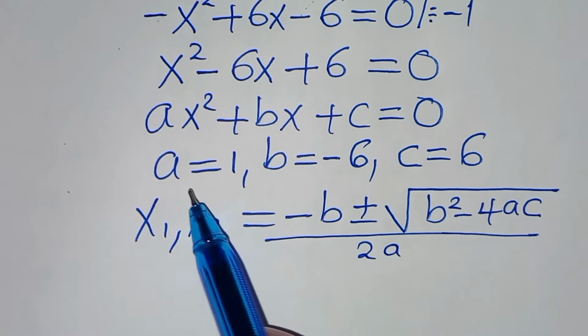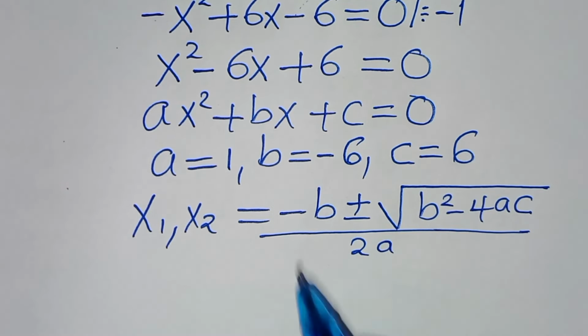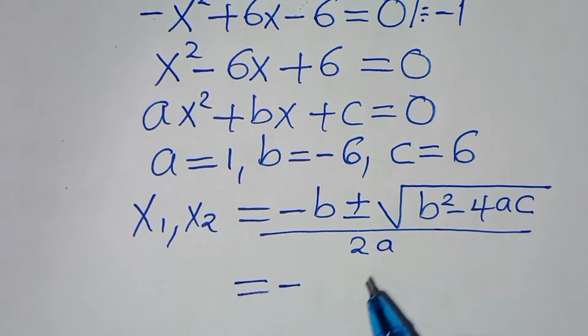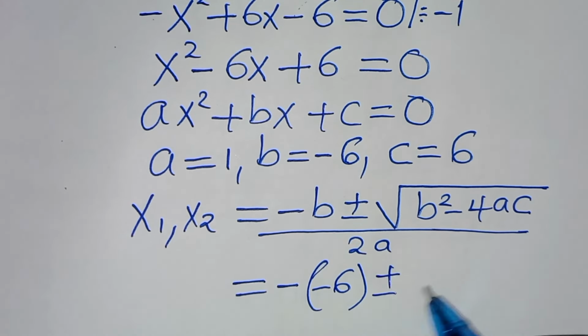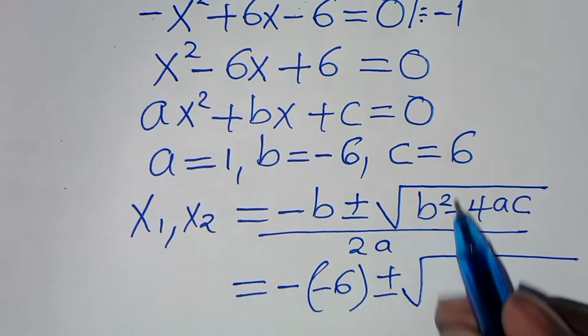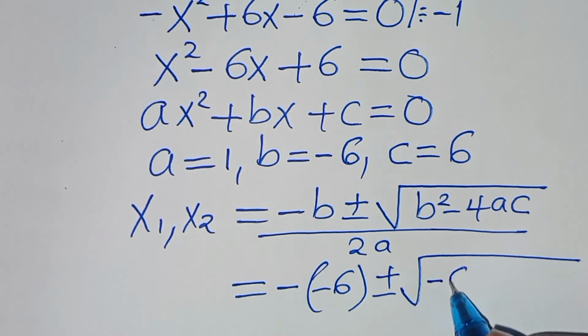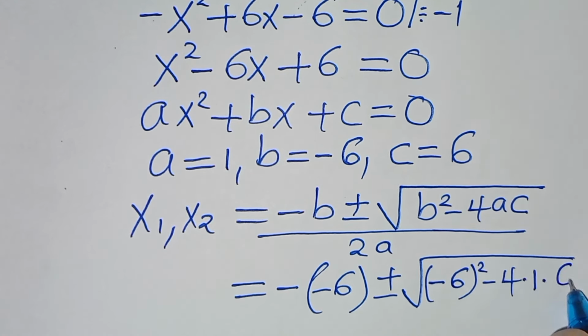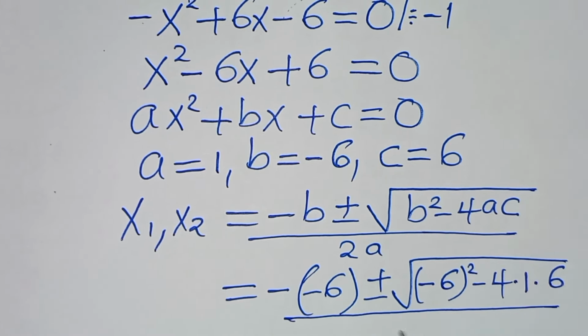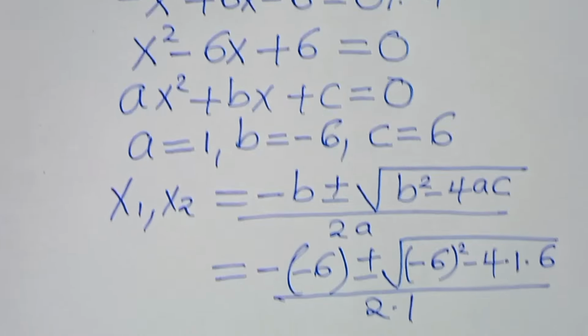Now let's substitute the values of a, b, and c, so that we have minus minus 6 plus or minus the square root of minus 6 squared, subtract 4 times 1 times 6, all this divided by 2 times 1.